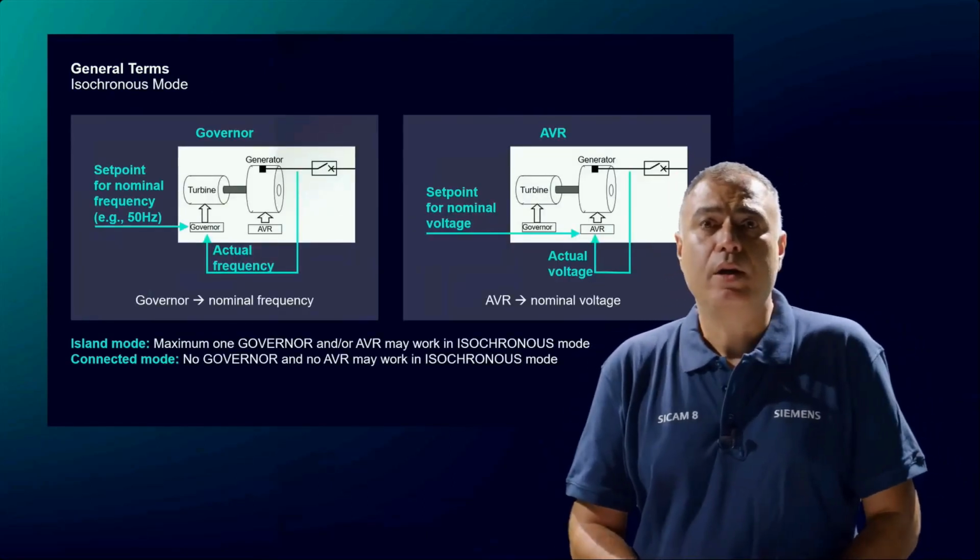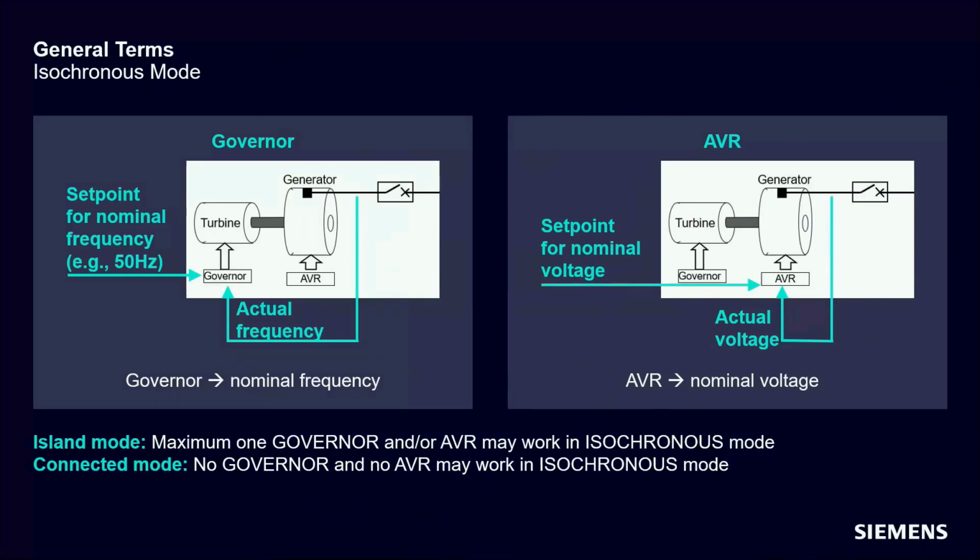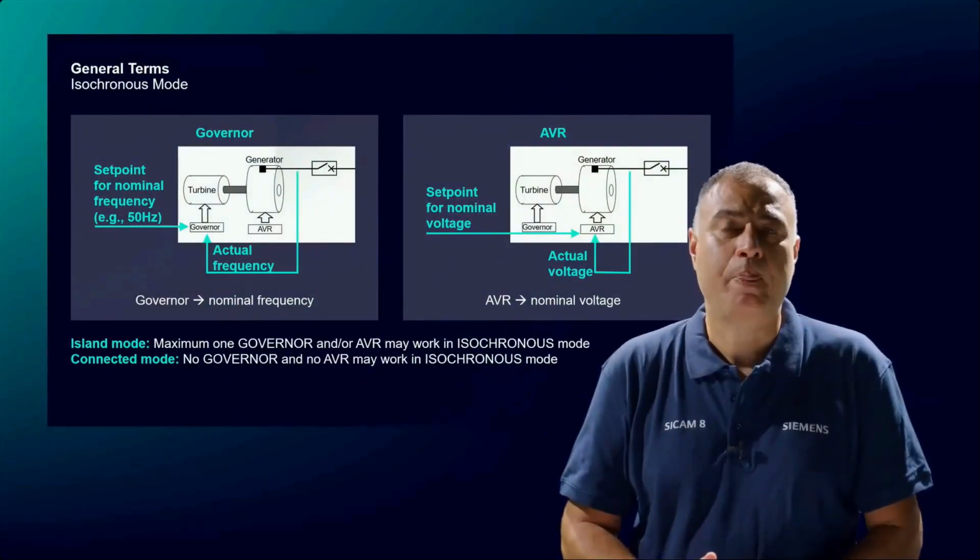Let us now talk about the working modes of primary controllers. Isochronous is one of the possible working modes of the classic primary controllers. For a governor, this means that it automatically regulates the frequency at the terminals of the generator to the predefined nominal value, for example, 50 Hertz.